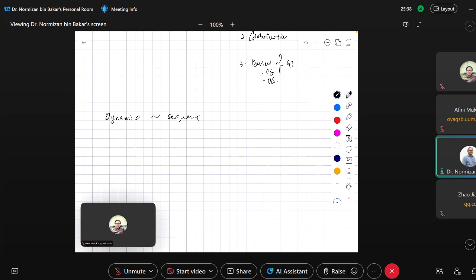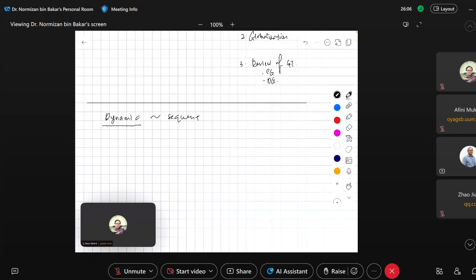So first, what dynamic means is that the game comes in a form where the player can see what the previous player has done.